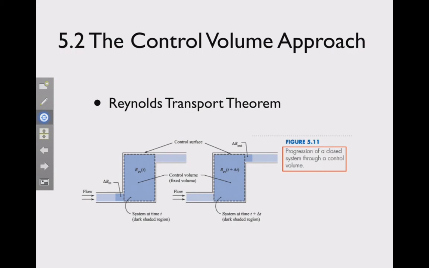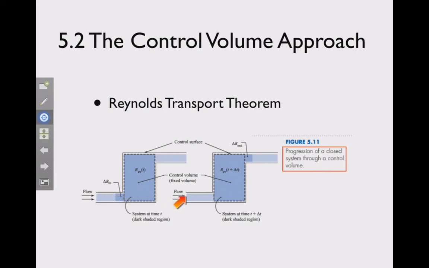So how does this work? Here we have a control volume, a fixed control volume, and we're not allowing this to change in time. We're just saying we're interested in what goes in and out of this box. And we realize the flow is coming in here, and we've got this little parcel of fluid that's going to be injected into the box.